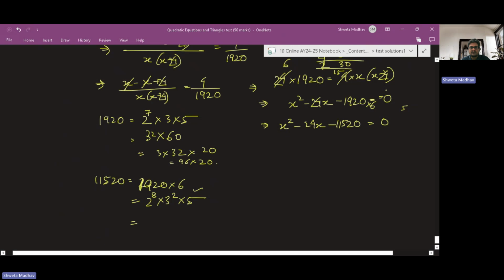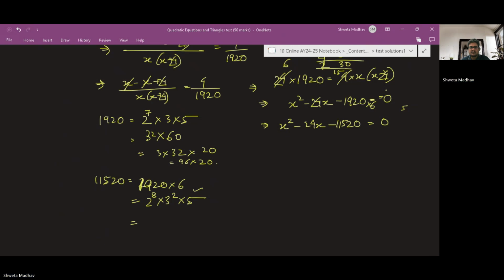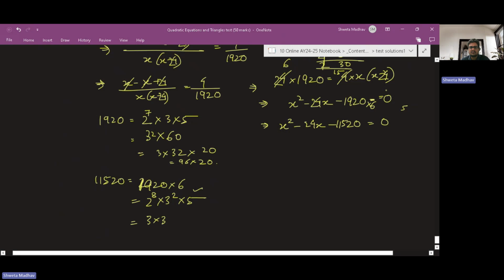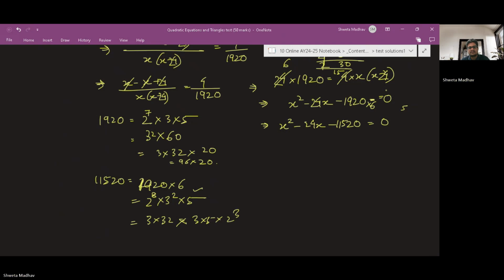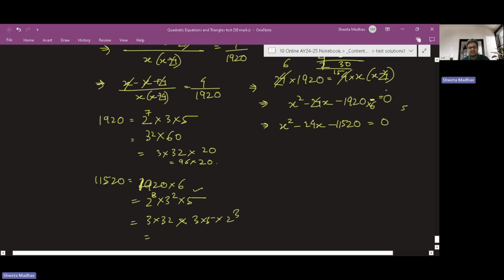Then we can write 3 into 32, and 32 is 2 to the power 5. And then we can do 3 into 5 into 2 to the power 3. That means this is actually 96 into 120.